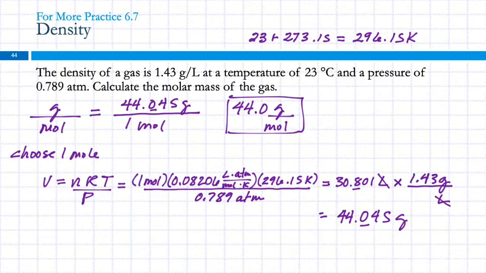So instead of remembering a new equation, I used PV equals nRT, the ideal gas law, and I used the definition of molar mass, which I know, and I used density as a conversion factor. Those are all things that we've done before. Any questions?